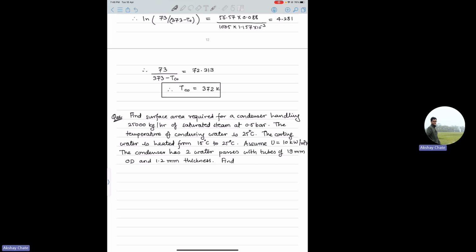Find the length of tubes and number of tubes per pass.